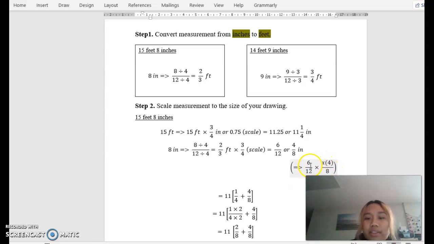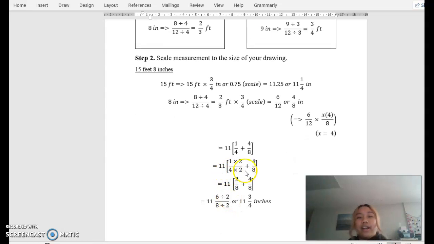I copied this 6 over 12 here in our inches part. We're going to cross multiply to find x. 6 multiplied by 8 gives us 48, divided by 12 gives us 4. So the value of x is 4 over 8. That is our new number.